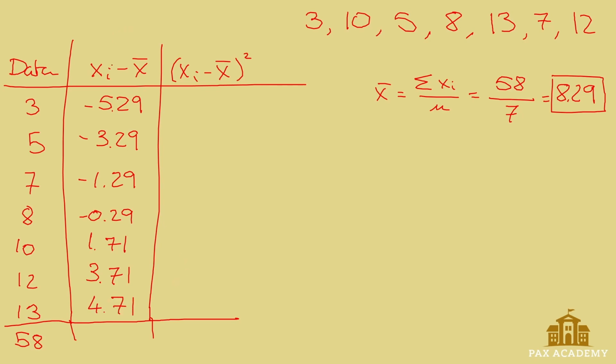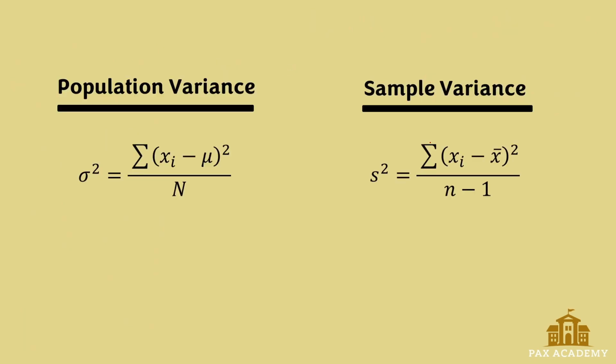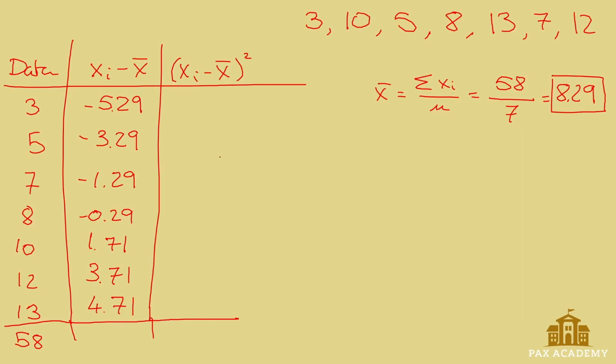Right, so now we have all the xi minus x bars. But remember, in order to do this part of the formula, we need to first do the square. So now we square the numbers that we got here. Minus 5.29 squared is about 27.98.